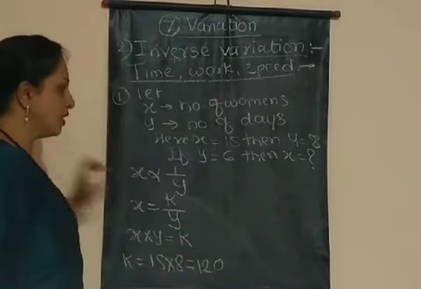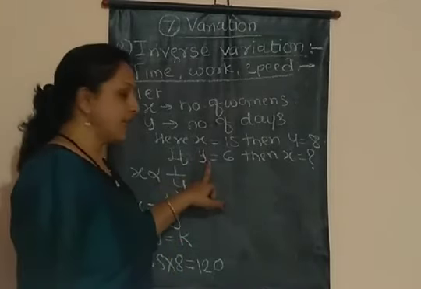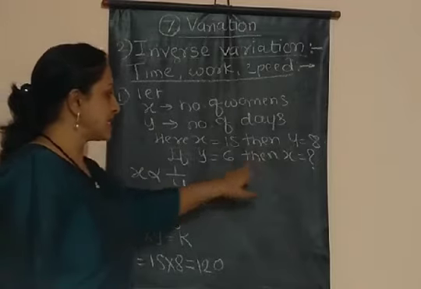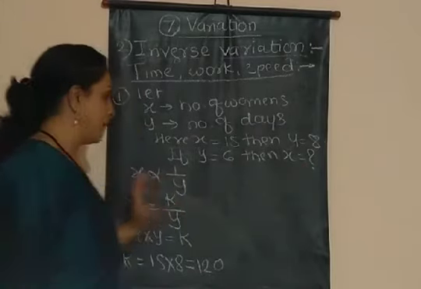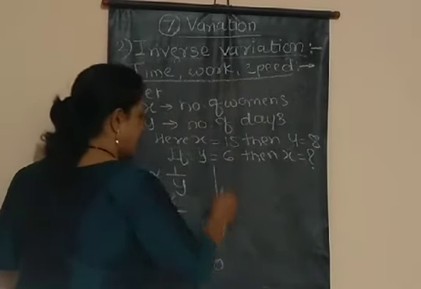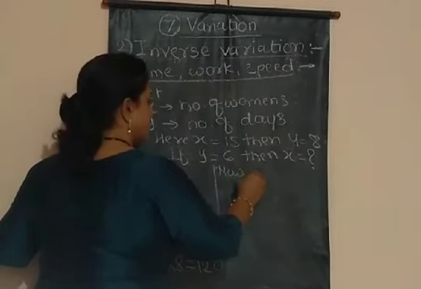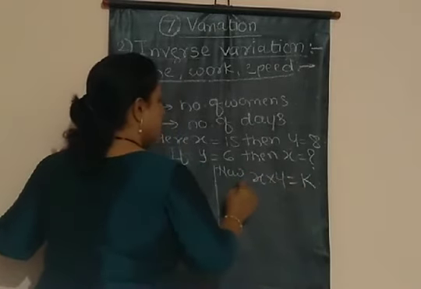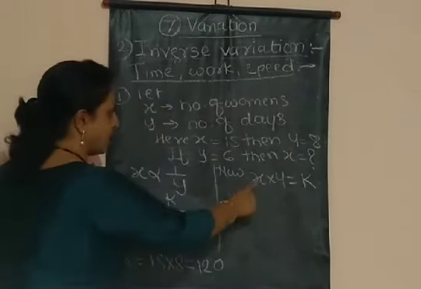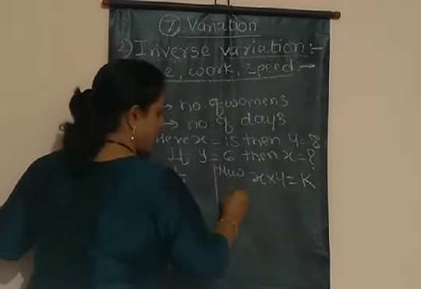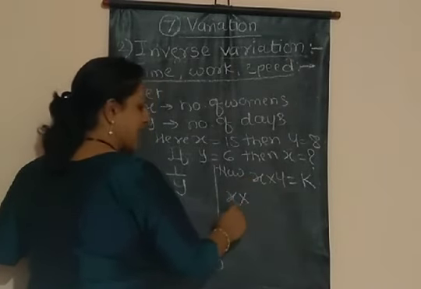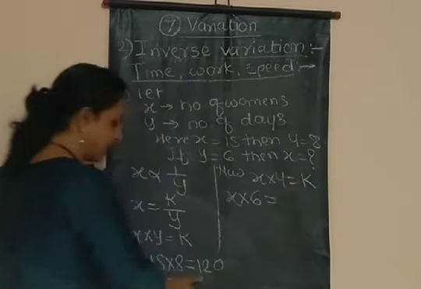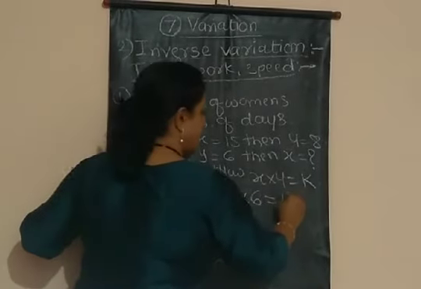Now we are given that we have to complete that work in 6 days. Then how many women do we require? Let us consider again the equation of variation. What is the equation of variation? x into y is equal to k. First we have to find the value of x. What is the value of y? That is 6. And the value of k is 120.